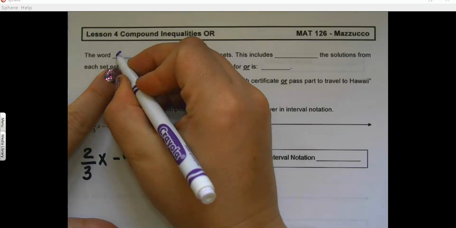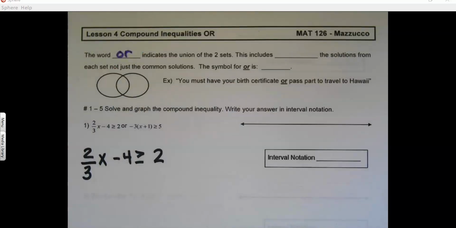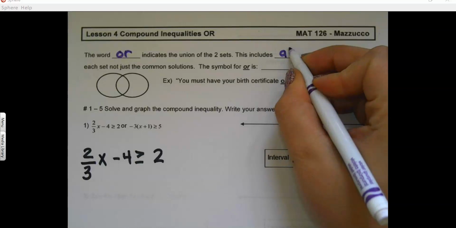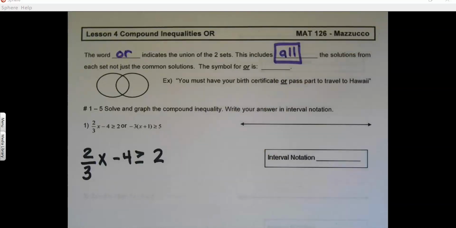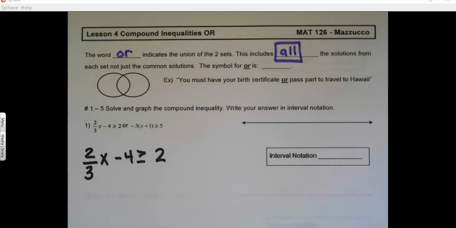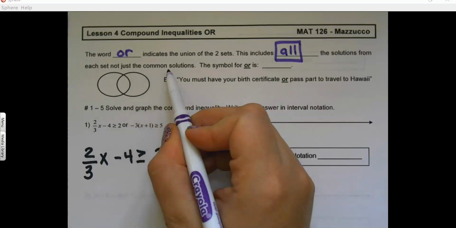The word OR indicates the union of two sets. This includes all the solutions from each set, not just the common solutions.